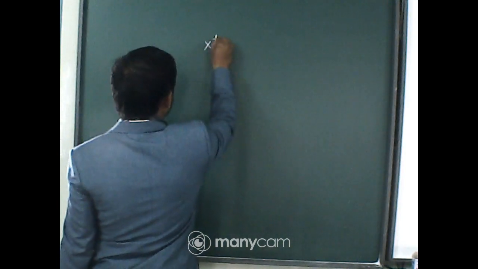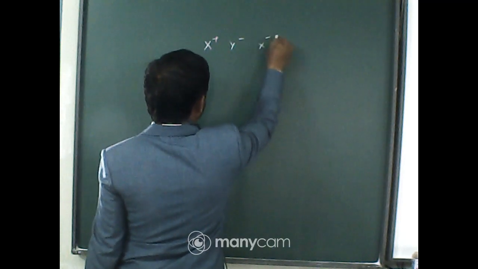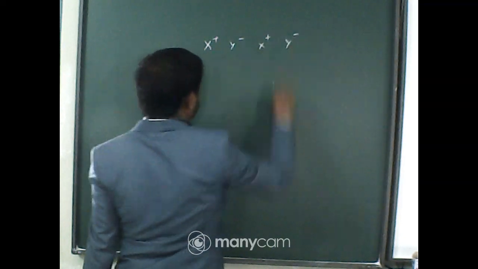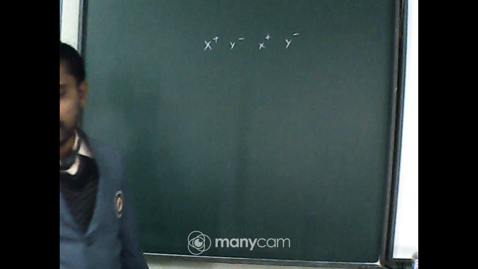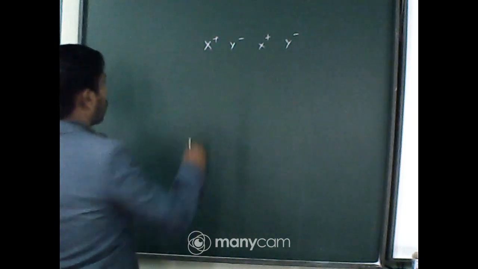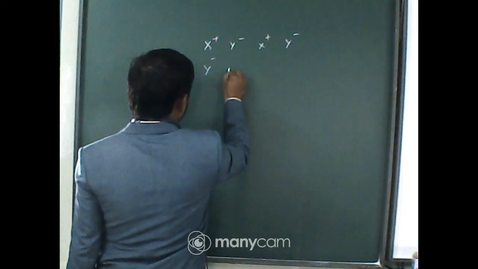Okay. Now to the first question, I will discuss point defects. Suppose such a pictorial diagram is there: x plus, y minus, x plus, y minus. Next line, it is y minus, blank.